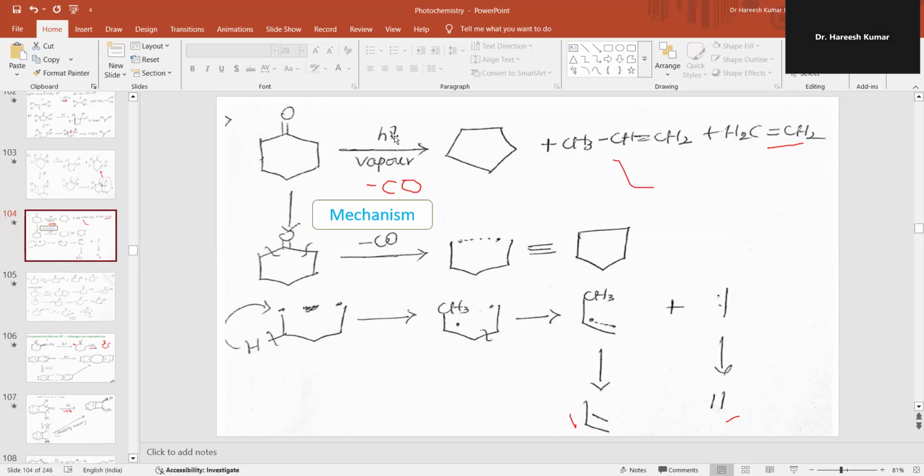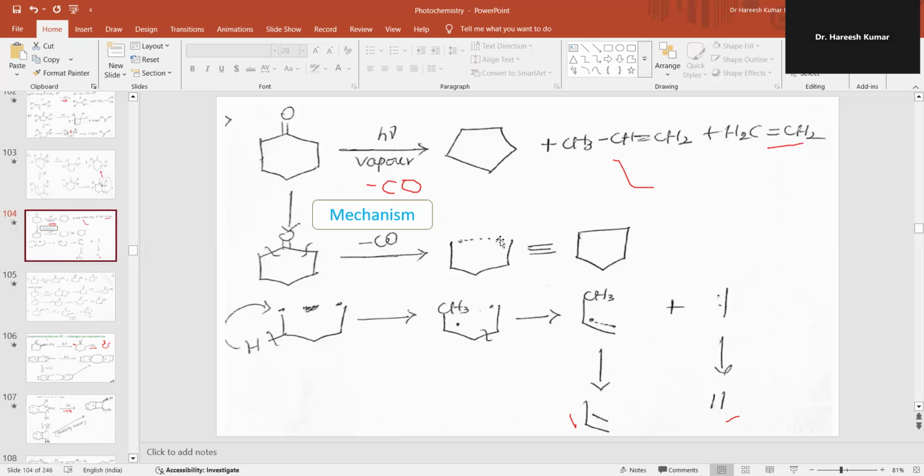So cyclohexanone on irradiation, more particularly at the lambda max of the cyclohexanone, forms cyclobutane, propene and ethene. These are the products. How are these products obtained? For that, let's look into the mechanism. Alpha cleavage: this is an alpha carbon, this is also an alpha carbon, and both alpha cleavages form a 1,5 diradical. This 1,5 diradical on sigma bond formation gives cyclopentanone as the product.